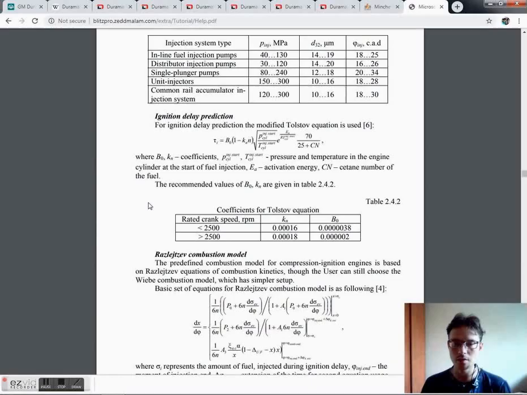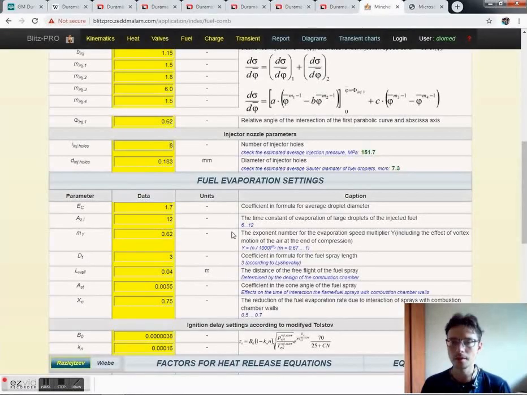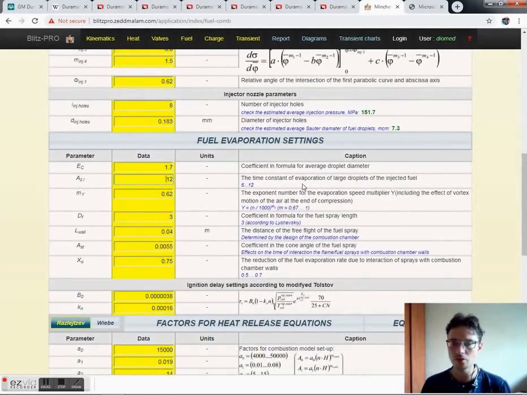For example, here EC is 1.7 and AZ1. This value sets the evaporation time of large droplets, so we can use different values, for example 10. And Y is a very important parameter which helps to control the evaporation speed. The greater it is, the faster the fuel evaporation.